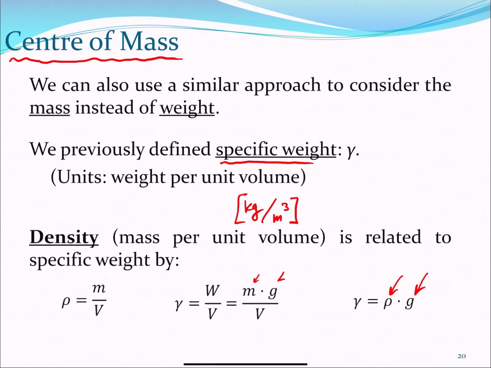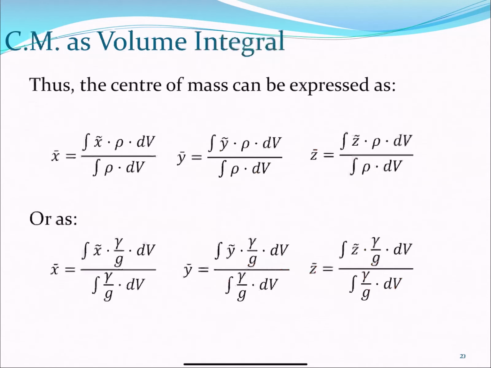This will come very handy since gravity is a constant for the problems that we will be dealing with. We can easily express specific weight using density. If you are given specific weight, you can express density by dividing by g, or if you are given density, you can express specific weight just by multiplying by gravity, and using this equation you can then deal with all cases.